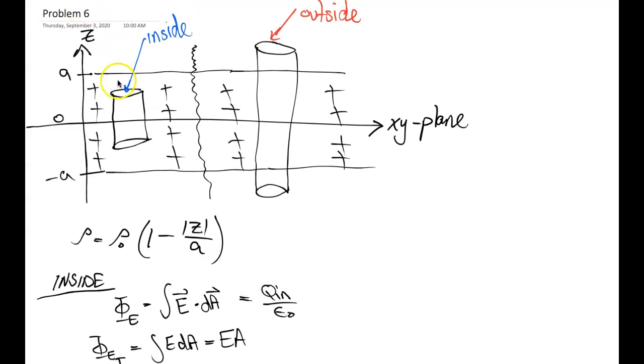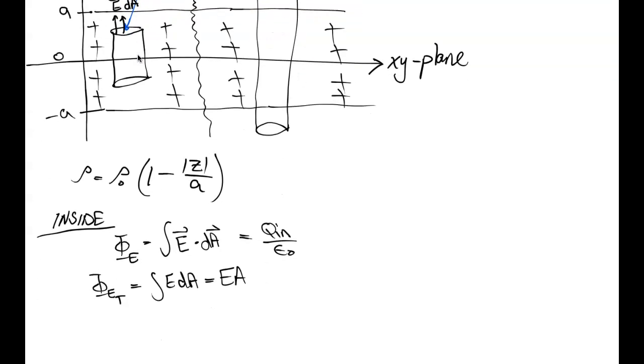Notice that the electric field would be pointing in this direction, and dA is also in that direction, so they're both going that way. For the wall, phi E sub wall is going to be 0, right? Because the electric field is perpendicular to the area at that point.